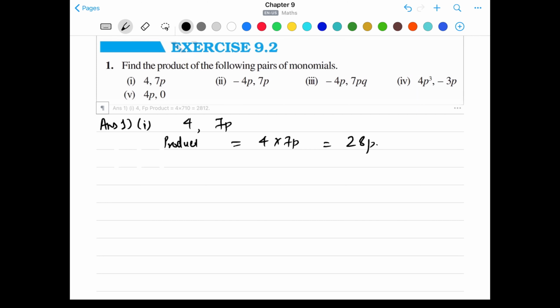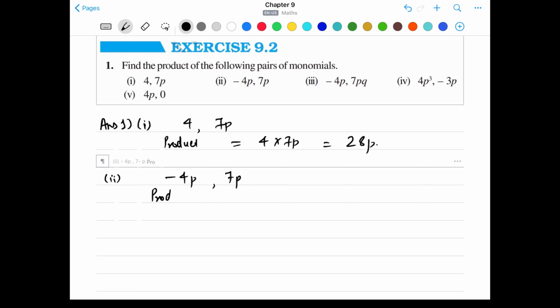Second is minus 4p and 7p. The product will be minus 4p into 7p, this will result into minus 4 into 7 which gives us minus 28, and p into p will result into p square.